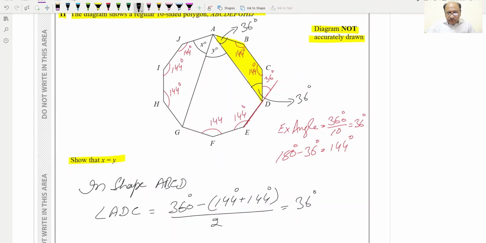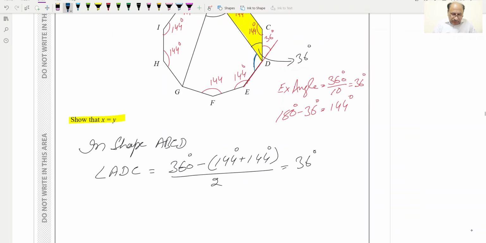Now after this, we can figure out the remaining angle. Which remaining angle? This one, angle EDC.